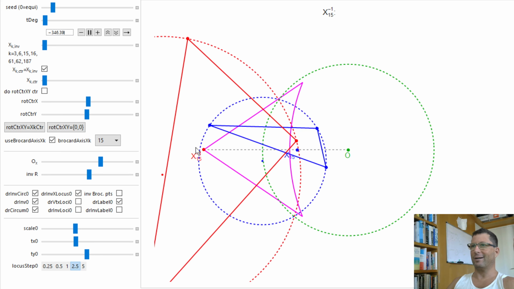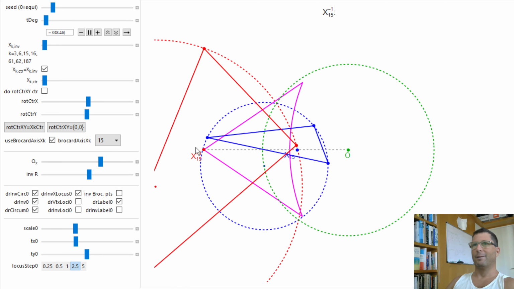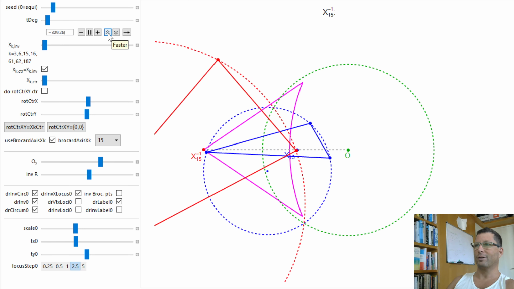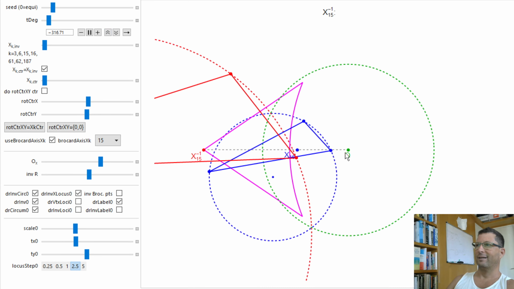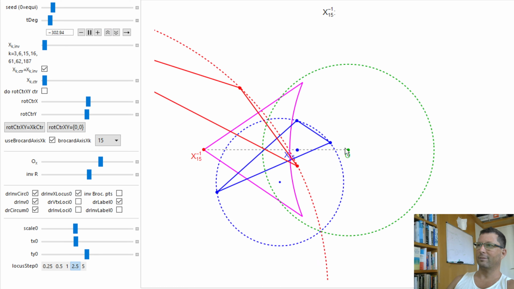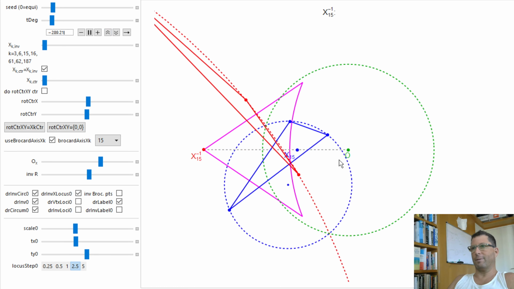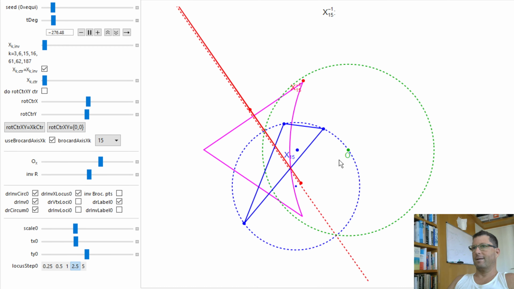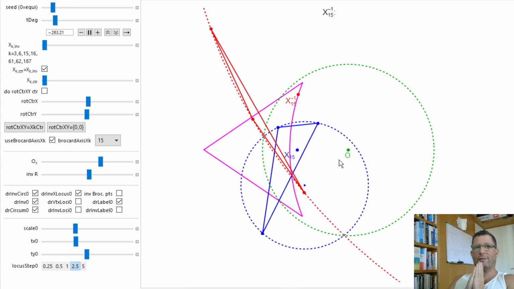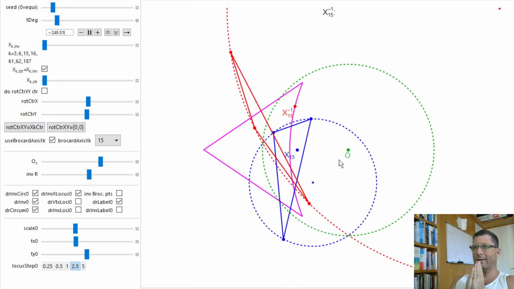The circular arc is activated precisely when the circumcircle of my blue family makes it so that O jumps to its interior. So it's going to happen just now again. There you go. So x15 again is following that circular arc.